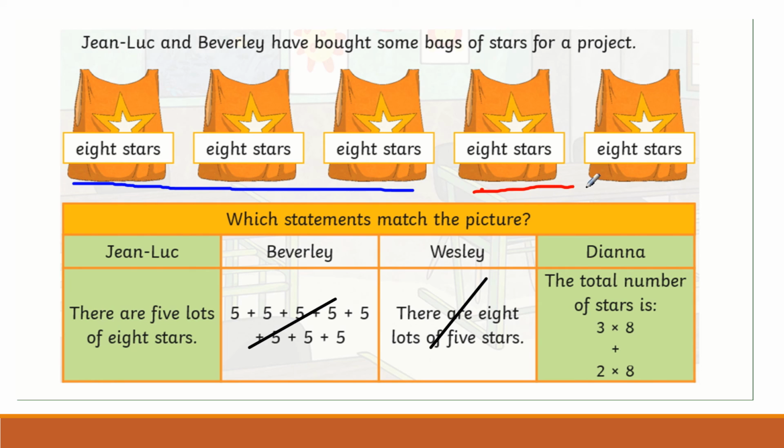So we have 3 times 8, 1, 2, 3, with the blue line, add 2 times 8, 2 lots of 8s. Is that correct? Yep, so that one was a correct statement. So this statement was correct and this statement was correct. So well done if you had Jean, Luke and Diana as your answer.